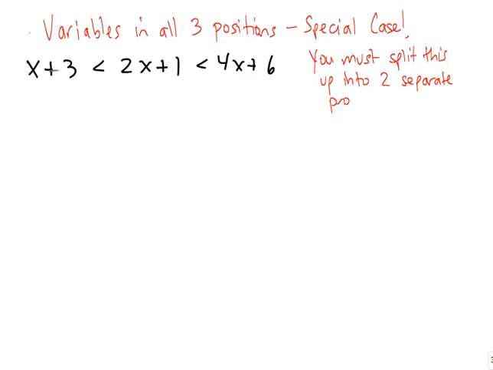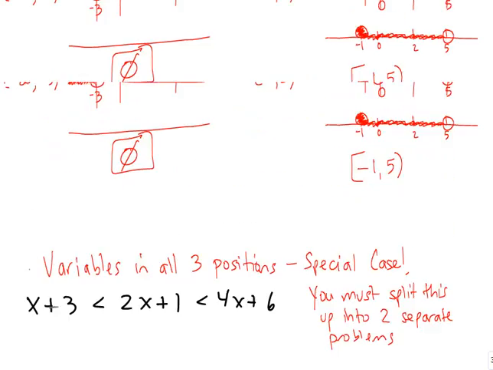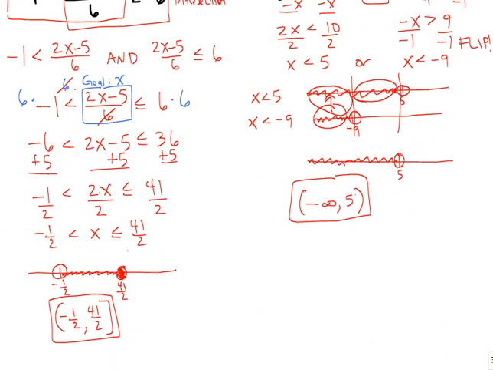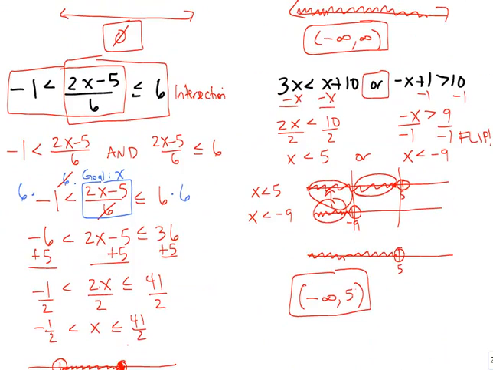If you recall our earlier triple inequality, and let me back up to remind you, in this example up here, we were able to do the same work simultaneously to solve this inequality. What makes this example different from the one we're about to do is the x's in this example only occurred in the middle. There were no x's on the left, no x's on the right. So this is the easy case.